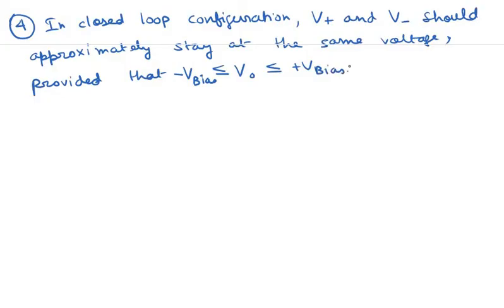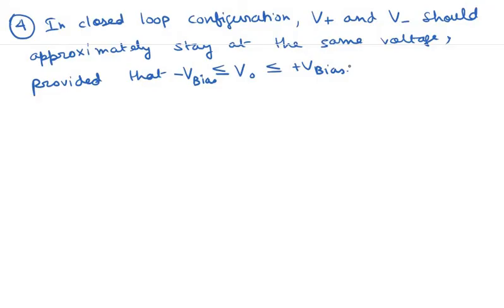If the output voltage is lying in the range of plus V bias and minus V bias, that is when the output voltage varies with the input voltage, in that case V plus and V minus, that is the voltage at the inverting and the non-inverting terminal, should stay at the same voltage, provided that the op amp is in closed loop configuration.